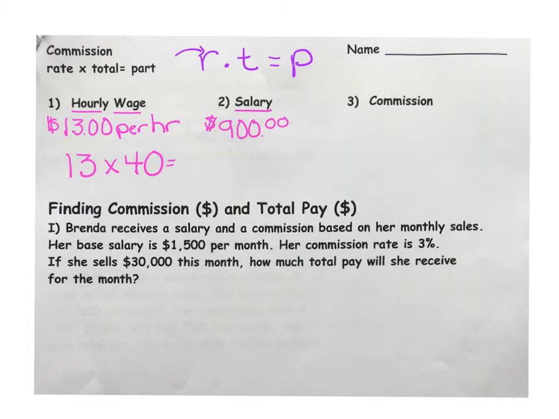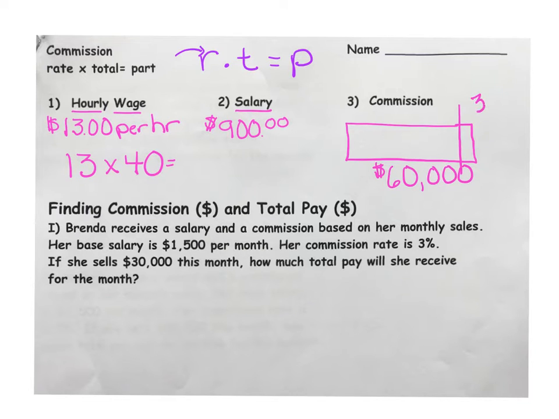And then finally, there's the third way somebody may earn some money, which is called a commission. A commission is usually associated with some sort of sales position. For example, if you're a realtor and you're selling a house for $60,000, when you sell that house, you will get a small section of that $60,000.